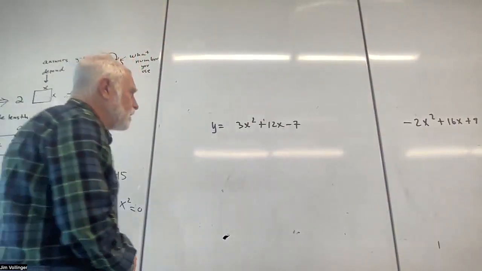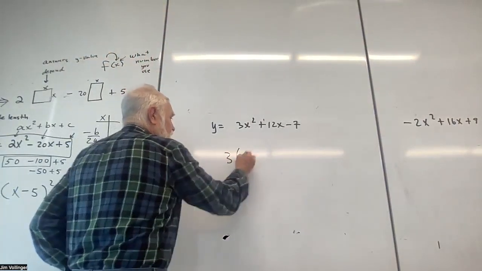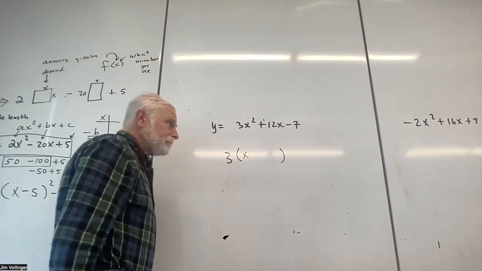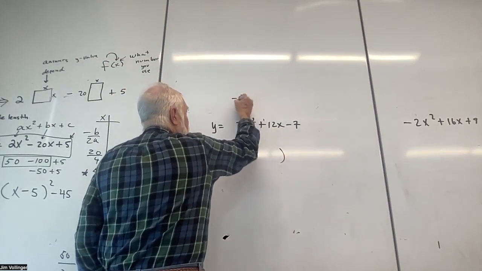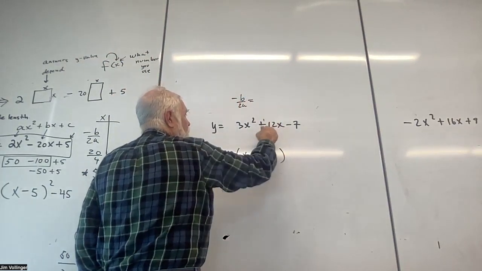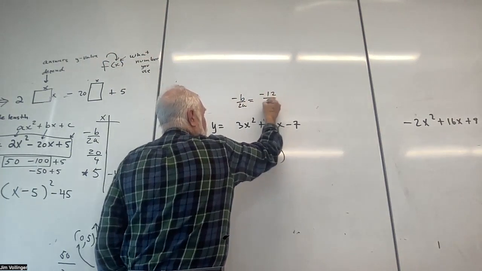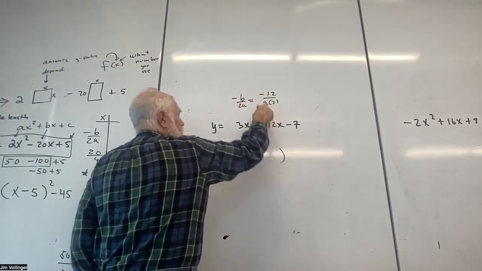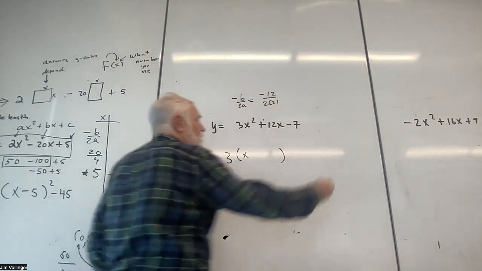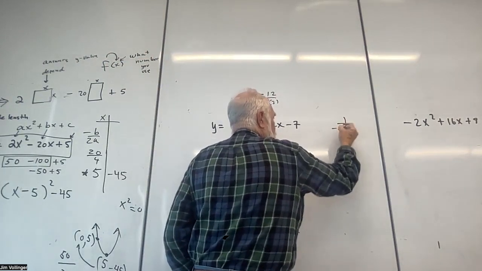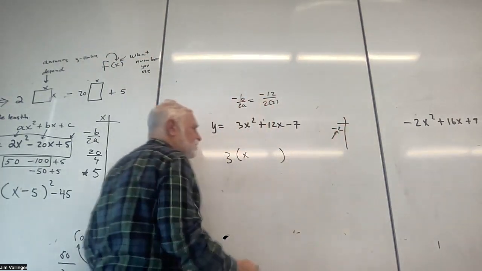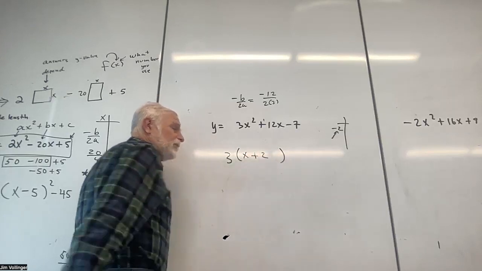All right. I'll take the gift. I'll do minus b over 2a, which is minus 12 over 2 times 3, and 6 goes into negative 12. Minus 2, I want that number to act like a 0, so I say plus 2.